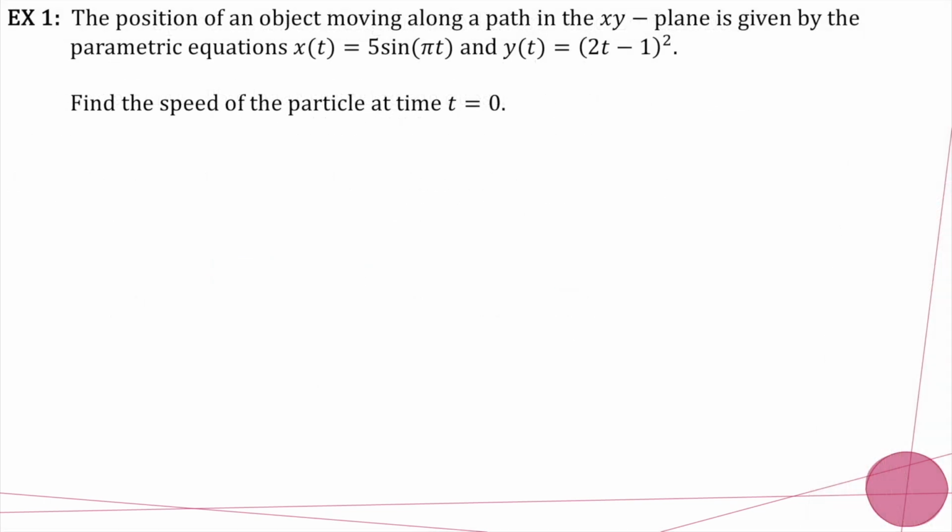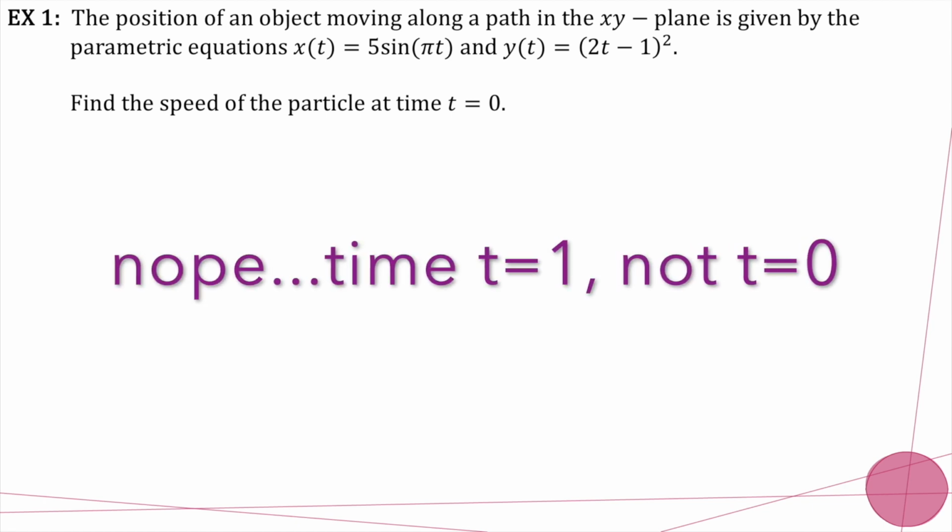So let's practice this. The position of an object moving along a path in the xy plane is given by these parametric equations: x of t equals 5 sine pi t, and y of t equals (2t minus 1) squared. Let's find the speed of the particle at time t equals 1.